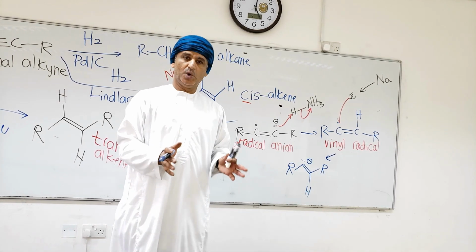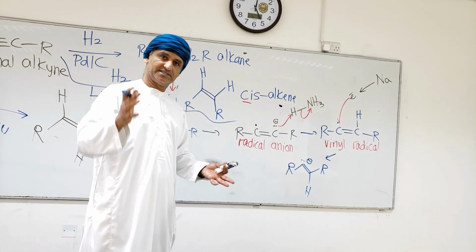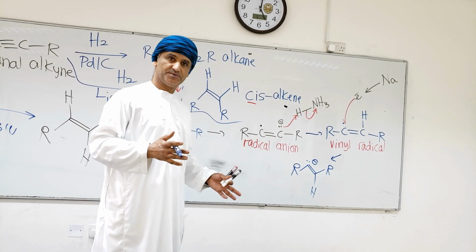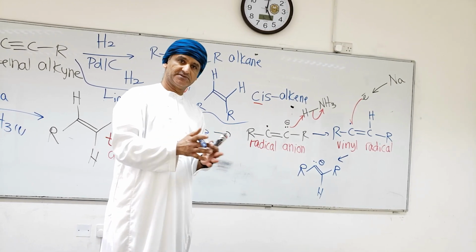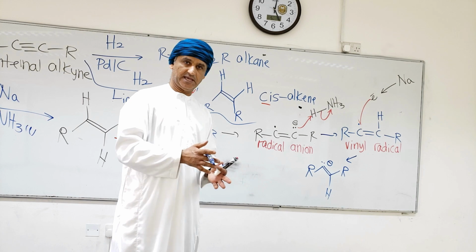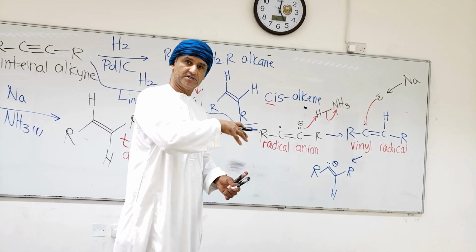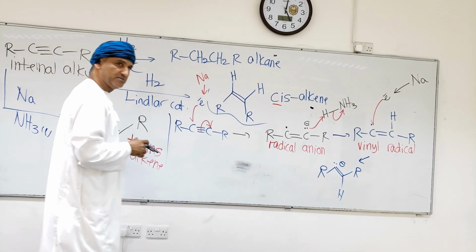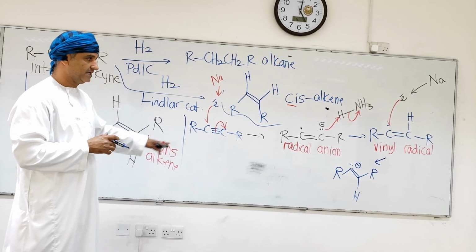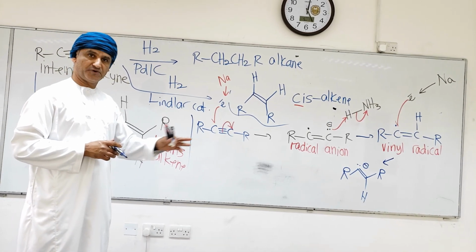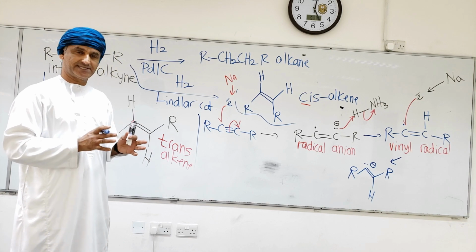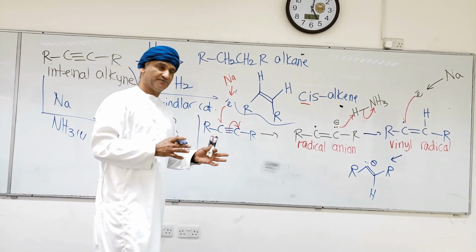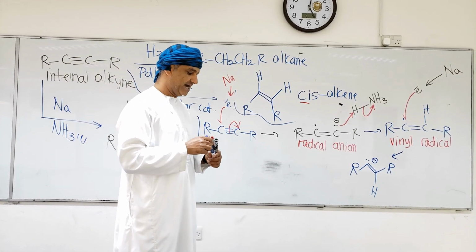And this is an anion. This anion will adopt trans stereochemistry. So the two R groups will try to be as far away from each other as possible. This is the origin of the trans double bond geometry in this case. It's the more stable trans conformation of the vinyl anion.